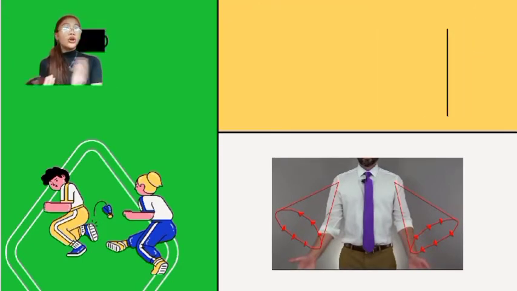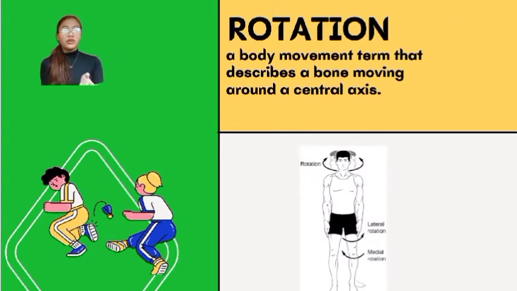Let's go on to rotation. Rotation is a body movement term that describes a bone moving around the central axis. The rotation occurs in the head, vertebral column, and upper and lower limbs. Upper limb is yung hand natin and lower limb is yung leg natin.